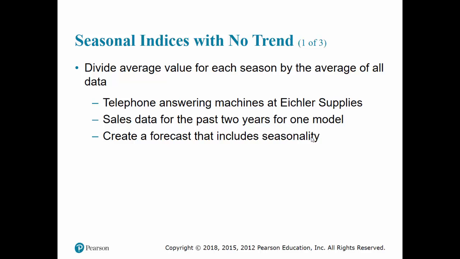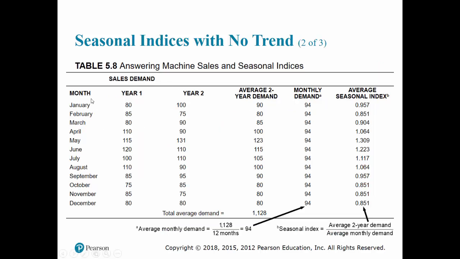If all the data you have is one point per season, you must have 2 full seasons. So here we have monthly seasons going from January through December, and we have 2 years of data. We are assuming no trend, so we're going to use averaging to come up with the index values.